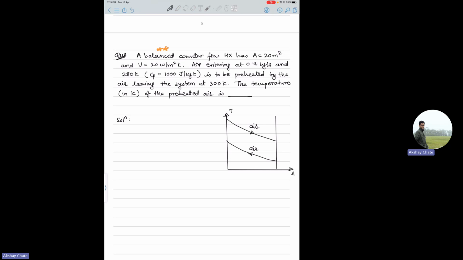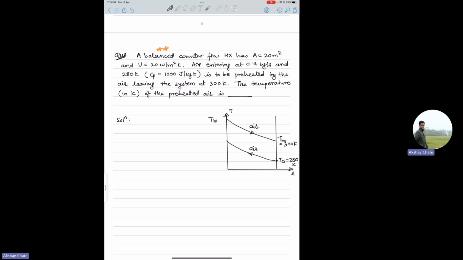So this is your TCI, 280 Kelvin, because this is your cold air which needs to be heated, and your hot air is leaving the system at 300 Kelvin. So this is your THO, which is 300 Kelvin.